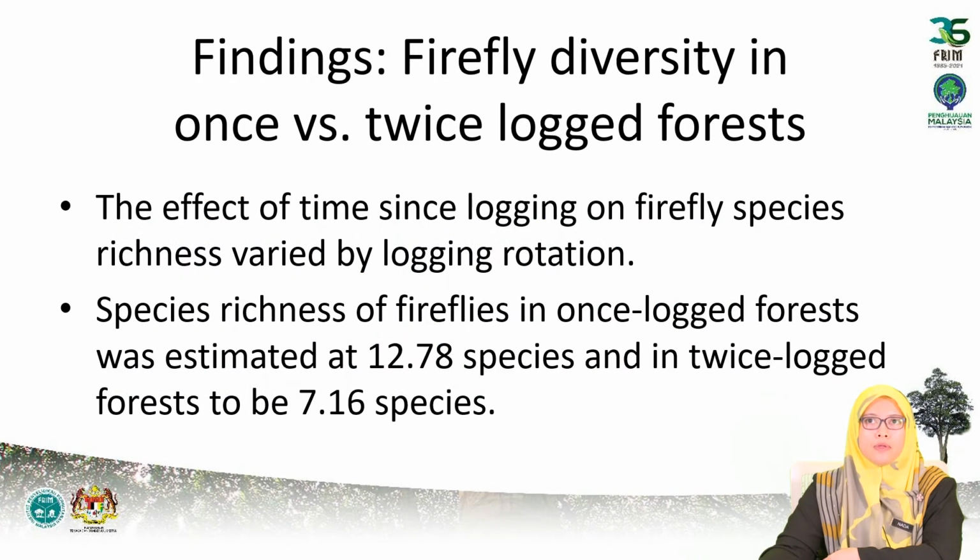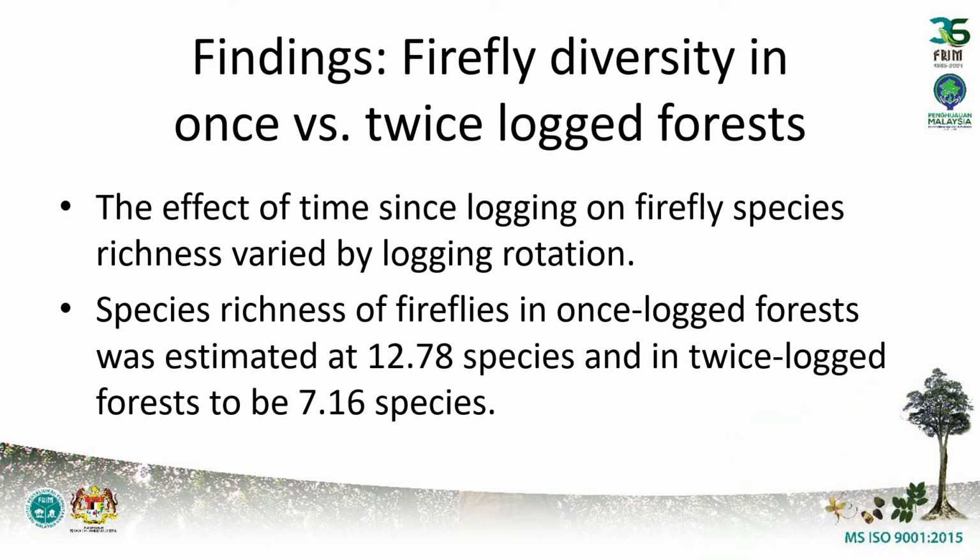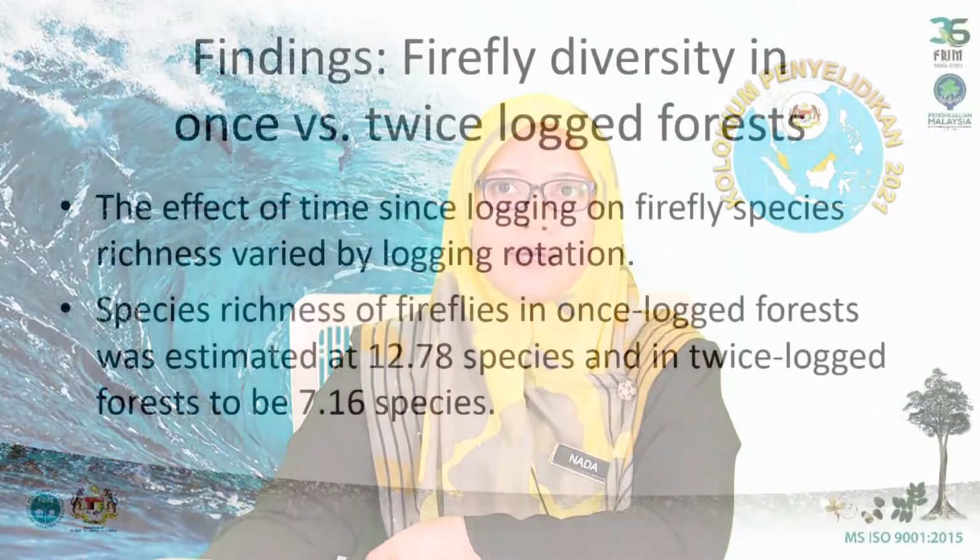When comparing the effects of once and twice logged forests on the firefly diversity, it was found that the species richness of fireflies in the twice logged forest is significantly lower than forests that have been logged only once. It was found that 12.78 species were estimated to be occurring in once logged forest, while only 7.16 species were estimated to occur in twice logged forest.